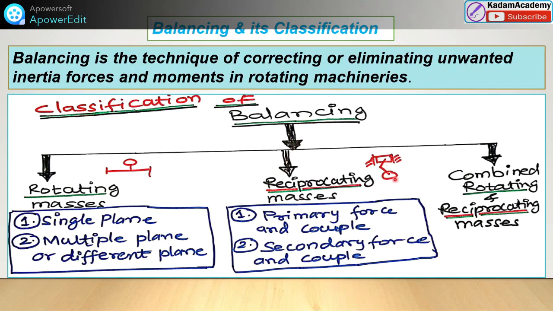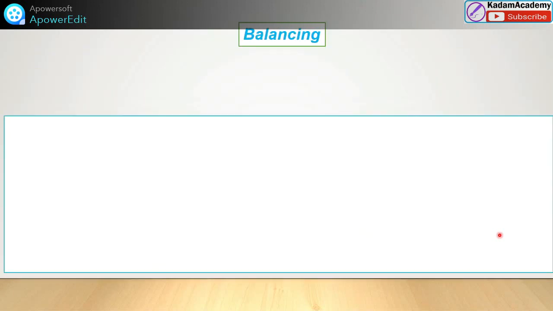Here, for reciprocating, there are primary force and couple, and secondary force and couple. These two types of reciprocating masses we are going to study. And the combination of rotating plus reciprocating is the third type, combined rotating and reciprocating masses. This is the classification of balancing we are going to study in coming videos.